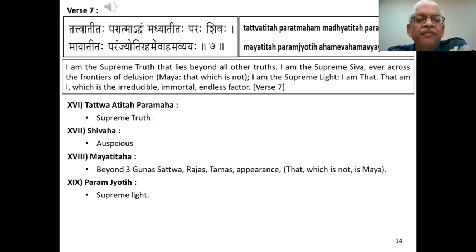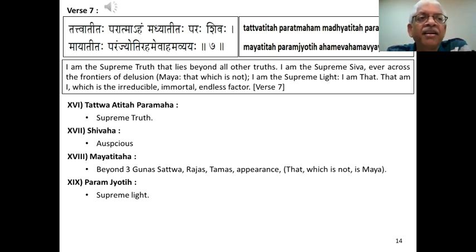Paramaha Tattvata. Paramaha means supreme, Tattvata means truth. The supreme truth of this entire universe, the supreme truth. Why is it called supreme? Because it's absolute. It is not relative truth. The relative truth is the waker principle, which is called Vishwa, the dreamer, which is called Taijasa, the sleeper, which is called Prajna.